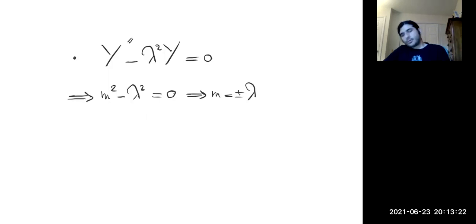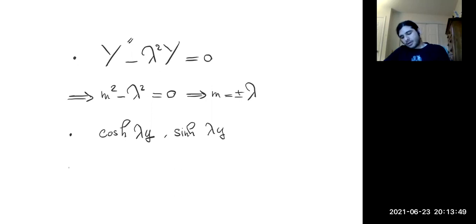Another way of writing the linearly independent solutions of these equations is by sine hyperbolic and cosine hyperbolic. Such an equation has two linearly independent solutions. One is cosine hyperbolic lambda y, and the other one is sine hyperbolic lambda y.